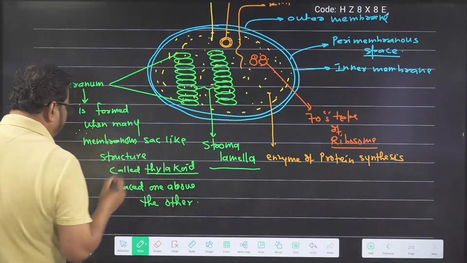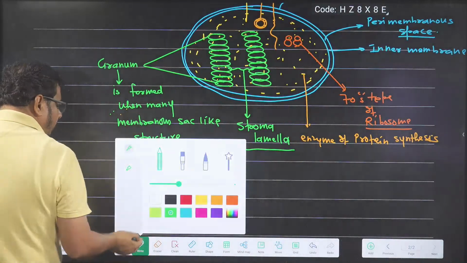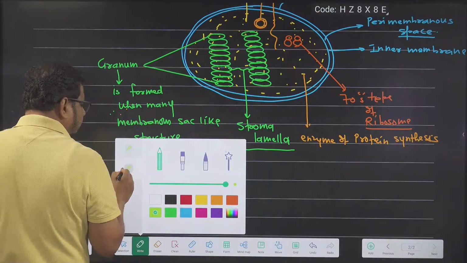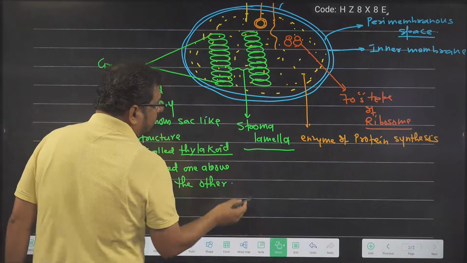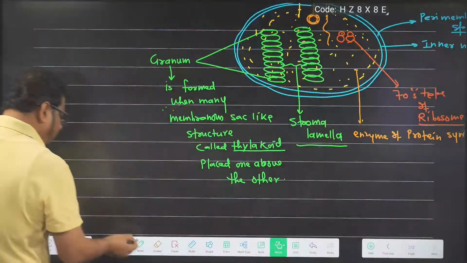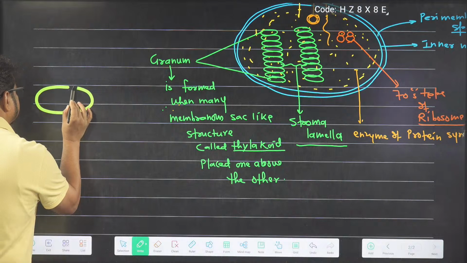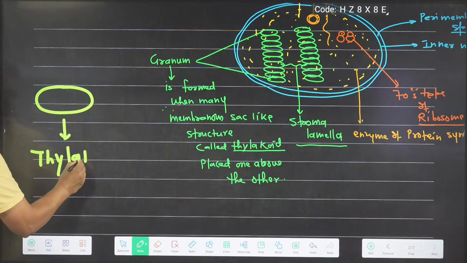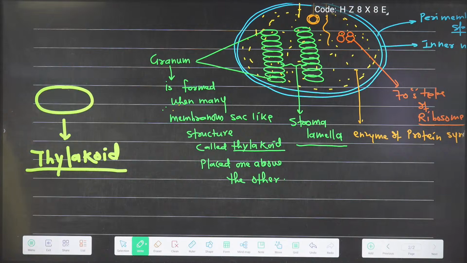I am just making you understand in a better way. Give me a minute, I am just drawing a structure. You will understand better, don't worry. You assume this one is a membranous sac-like structure. This is a thylakoid. Got the idea?